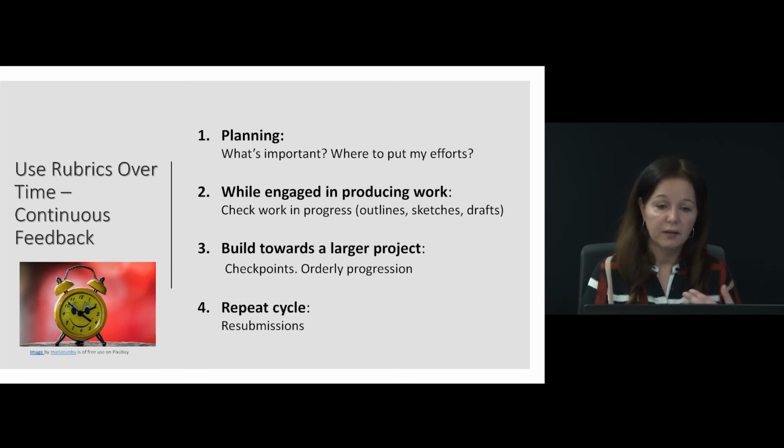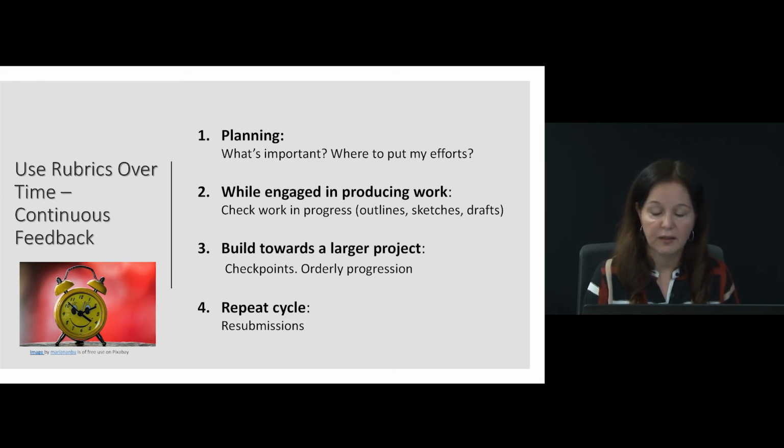Then, while they are engaged in producing work for you, check in with them, and have them submit an outline, a sketch, even a draft that shows where they are. Progress, work that is not completed, but work that can definitely get better.